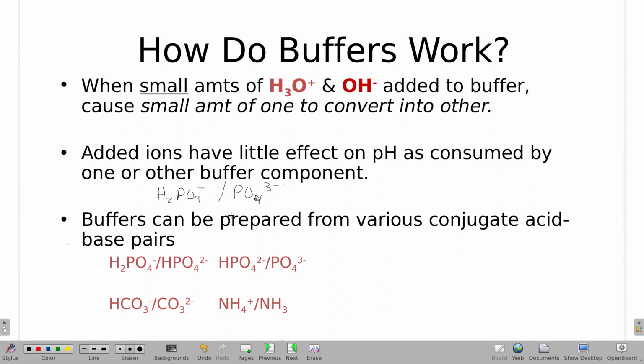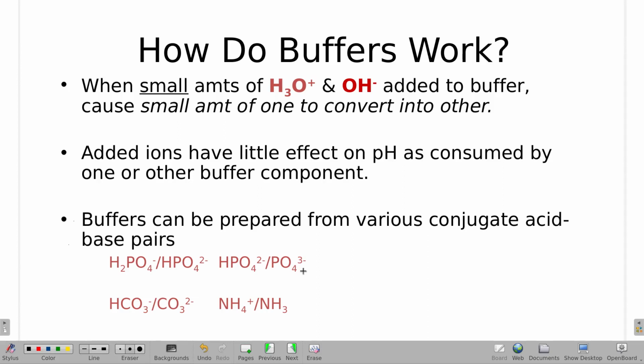And not officially, not on paper, because they're not conjugate pairs. There's no single equation that will turn H2PO4 into PO4. It needs to go through the HPO4. So when we're talking about buffers, the pairs can only be different by a single H. So H2PO4 could be paired with HPO4, and HPO4 could be paired with PO4.